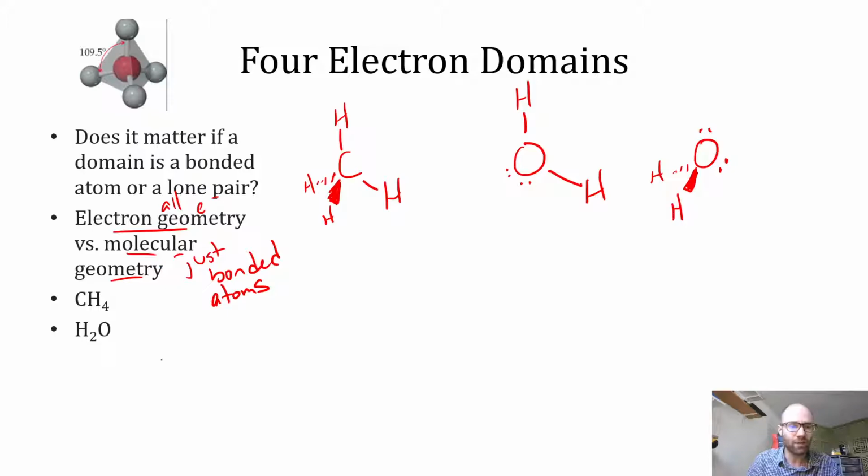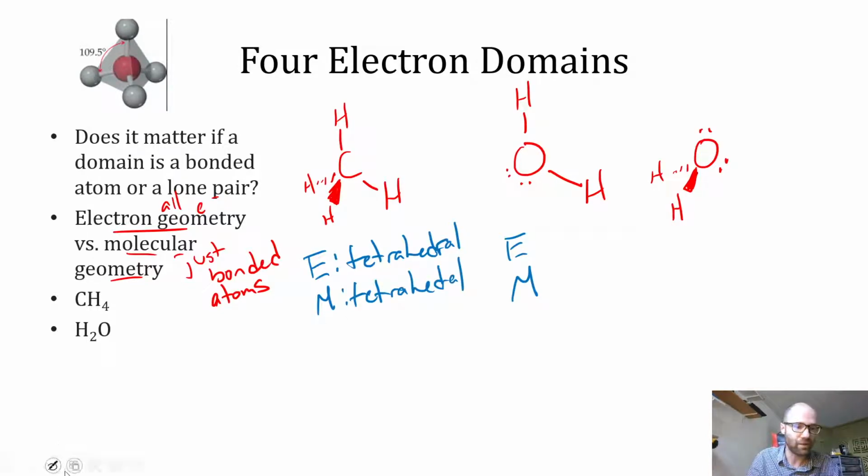To try and make a little bit better sense of this, I want to look specifically at water. So I'm going to write electron and molecular, right? In the case of methane, the electron geometry is just based on your electron domains. That's what we did before. So this is tetrahedral. Since there are no lone pairs, we also say that the molecule itself is tetrahedral.